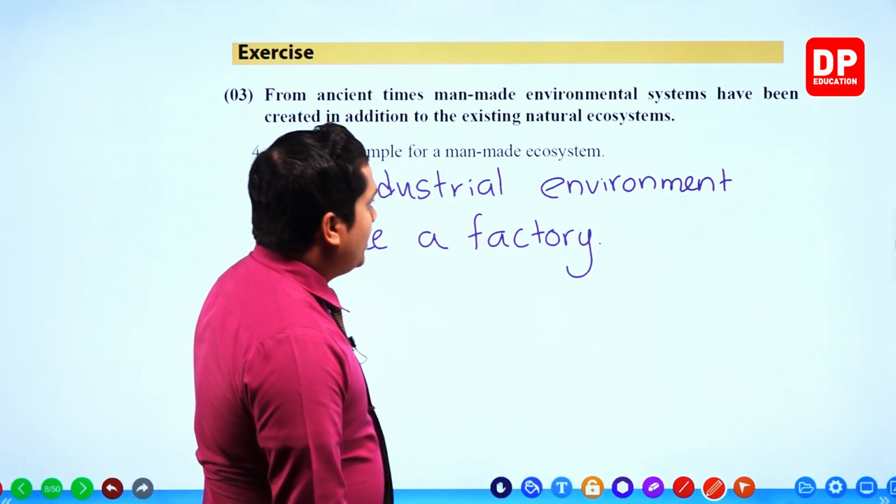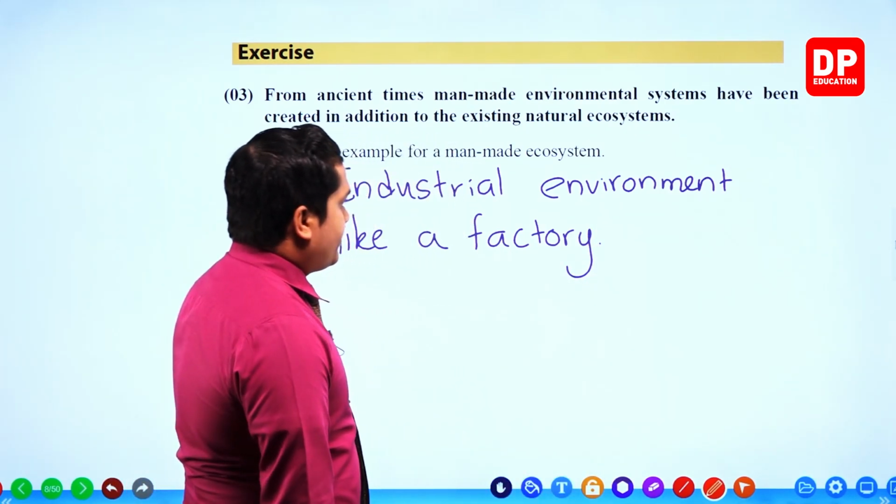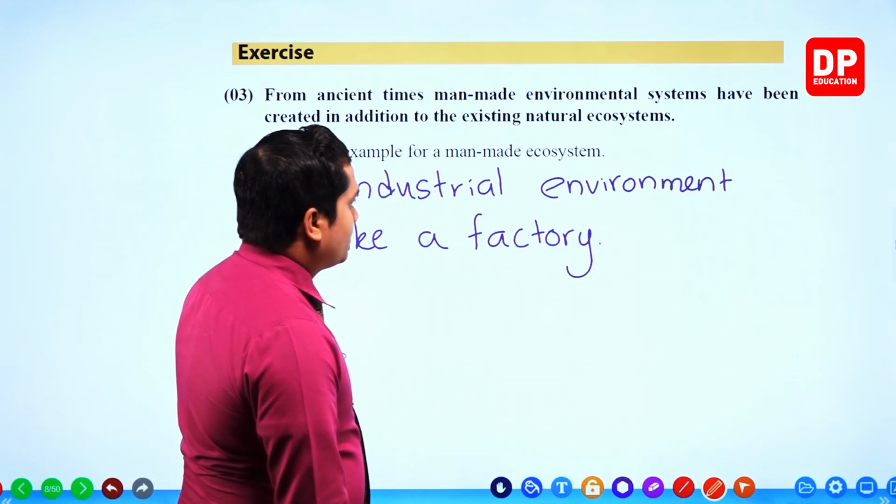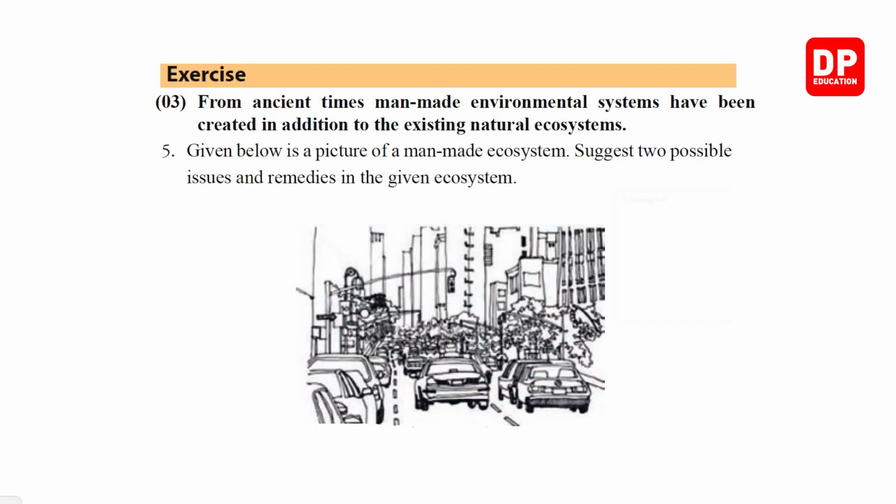So an industrial environment like a factory is a good example for a man-made ecosystem. From ancient times, man-made environmental systems have been created in addition to the existing natural ecosystems. That's the question regarding the third one.